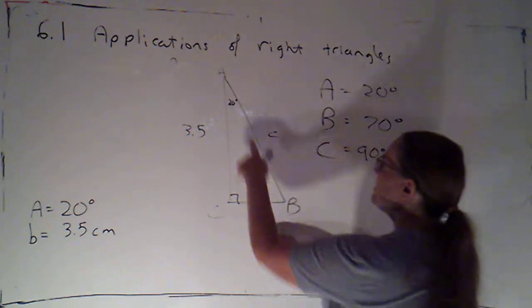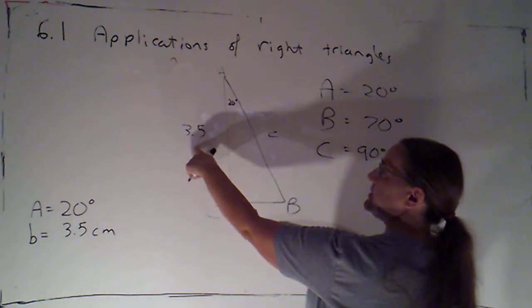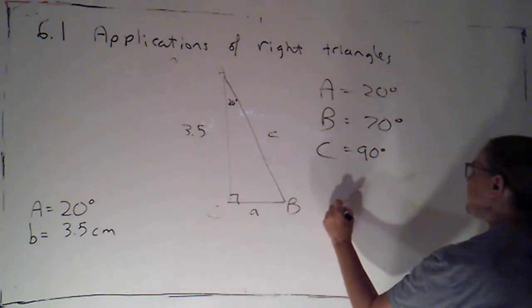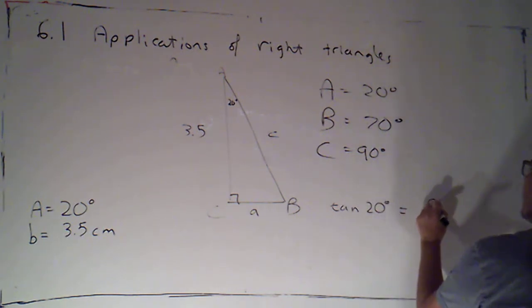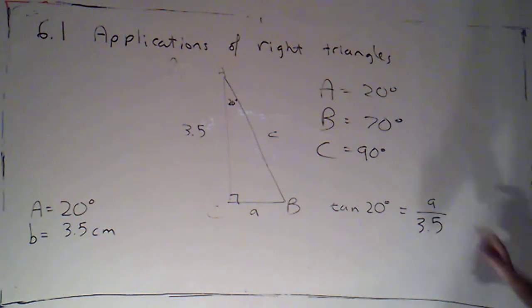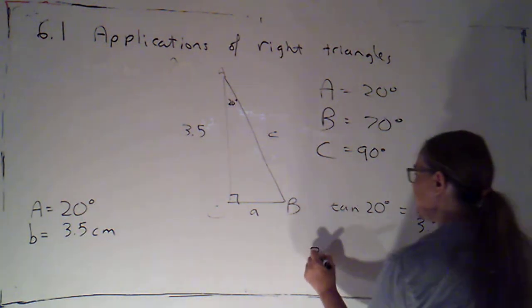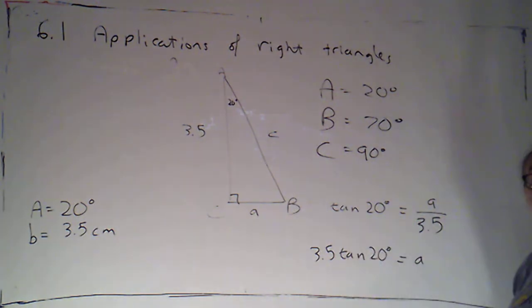Well, I know angle A, and a would be opposite it, and I know the adjacent side. So I can just say tangent of 20 degrees would equal a over 3.5. Now that means that a is going to be 3.5 times tangent of 20 degrees.